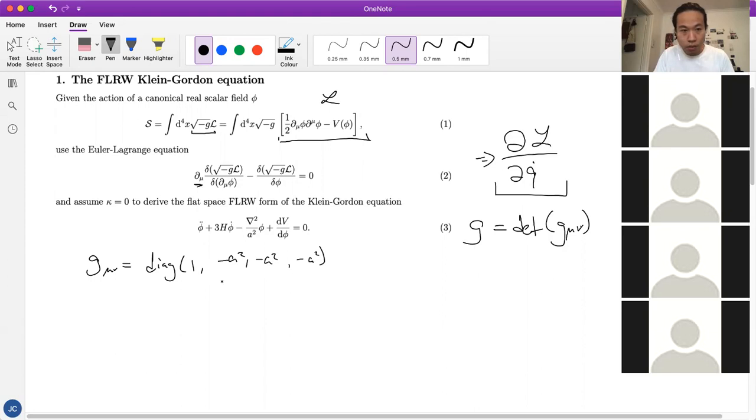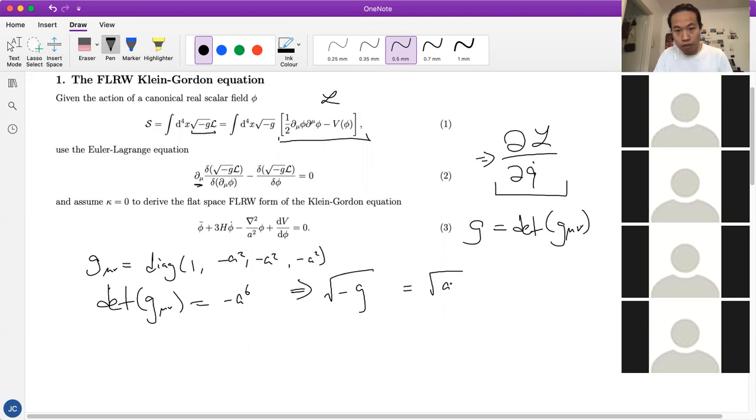And so the determinant would just be minus a to the 6. The square root of minus the determinant would just be the square root of a to the 6, so equals a cubed. So that term is sorted. You can just sub this in whenever you see square root of minus g.